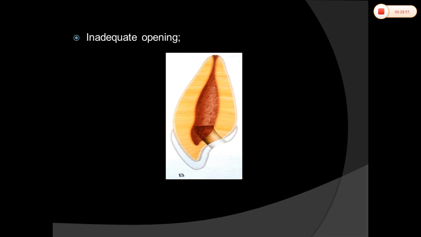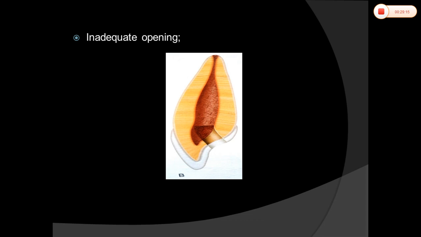Because if you do an inadequate access opening, your instrumentation can't be normal or proper. It leads to inadequate preparation of the root canals, which leads to under obturation or over obturation. So this is the first entry point for us to reach proper obturation.